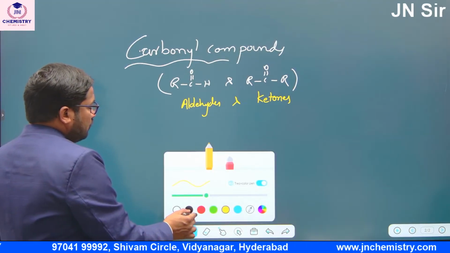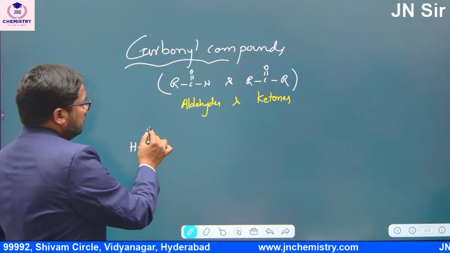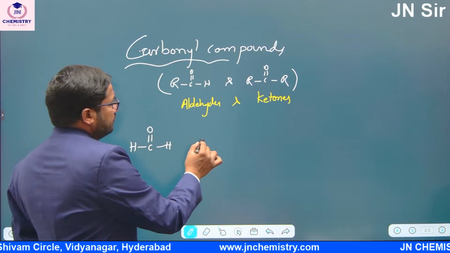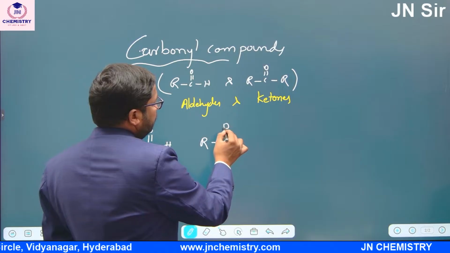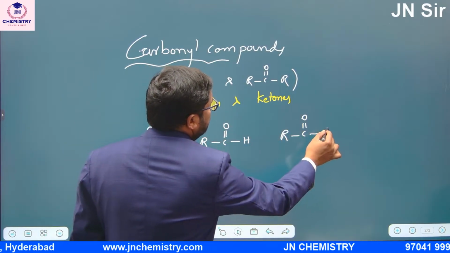Which of the following is more reactive? They will ask the question like this: H-C double bond O, or R-C double bond O, or R-C double bond O with two R groups.